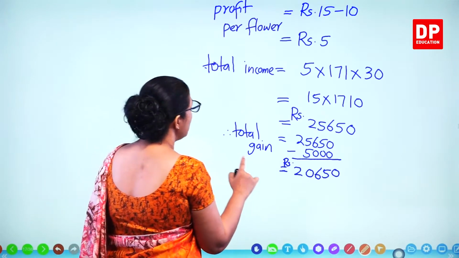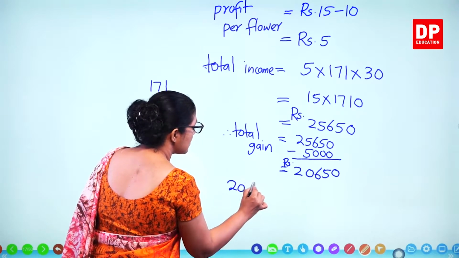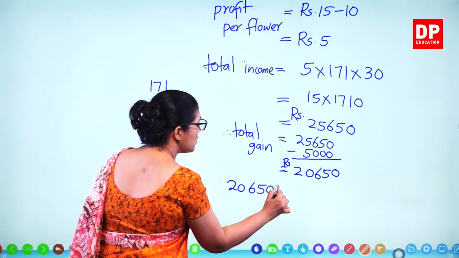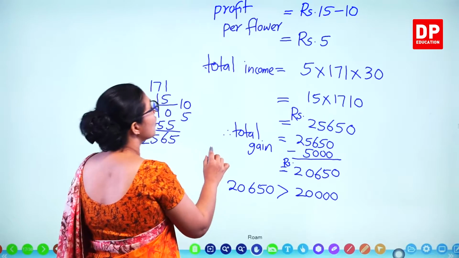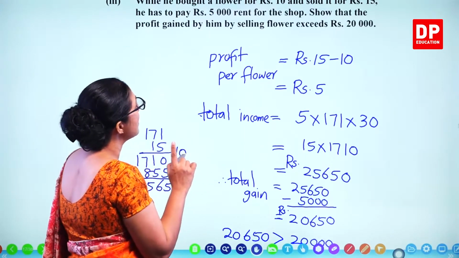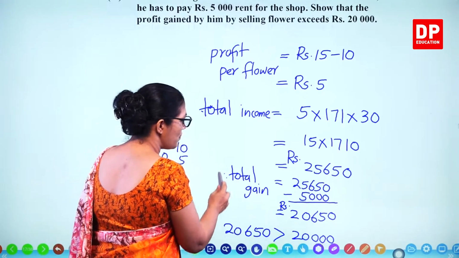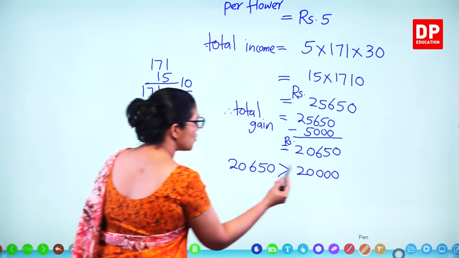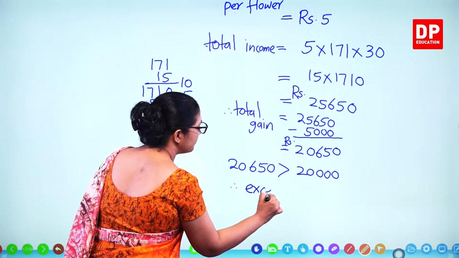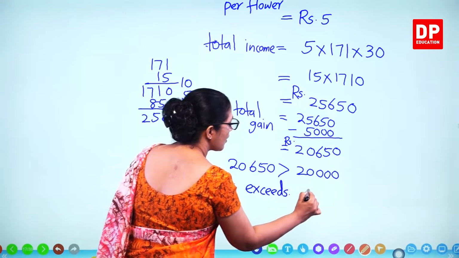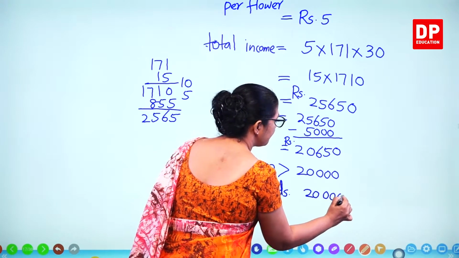So the total gain is 20,650, which is more than 20,000, because it says show that it's exceeding 20,000 rupees. So here it's more than 20,000. So therefore exceeds 20,000 rupees.